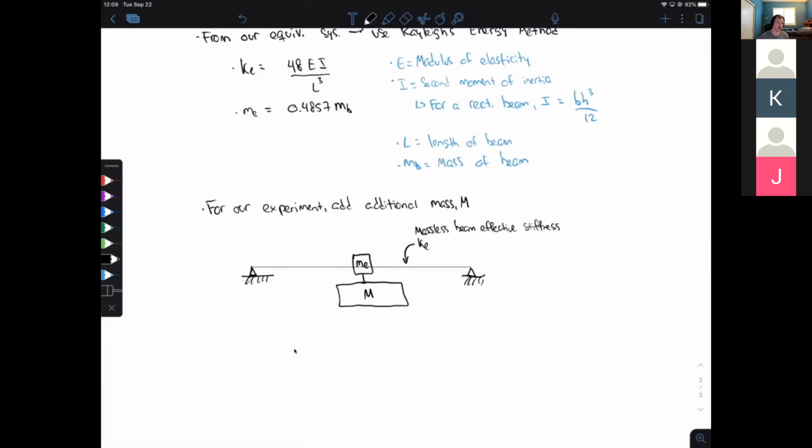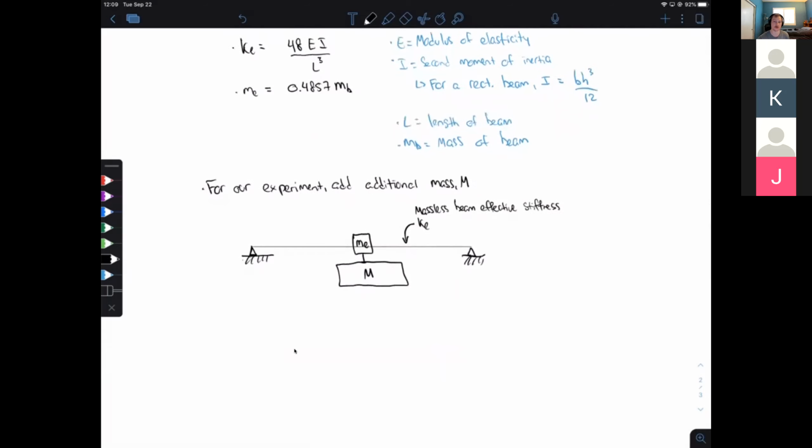Okay, now for this model here, we can find the natural frequency of the entire system. That means the effective mass of the beam and our additional mass.